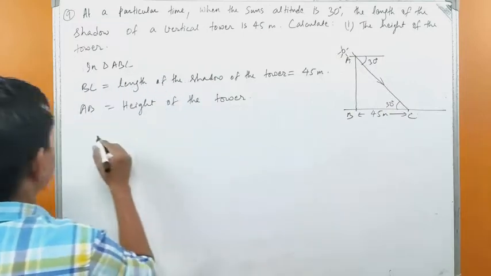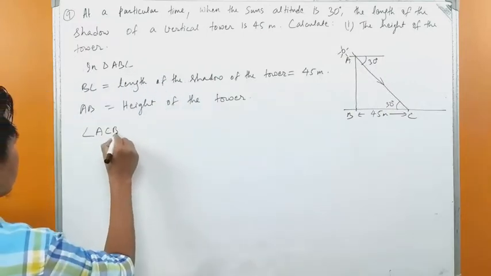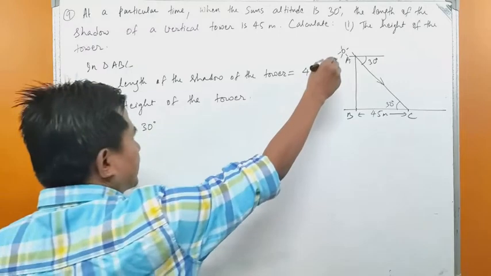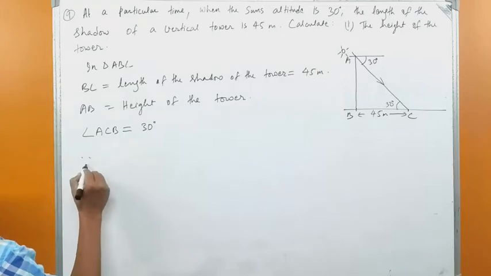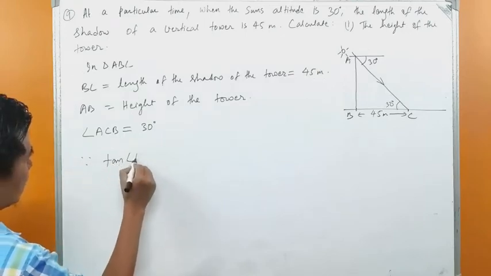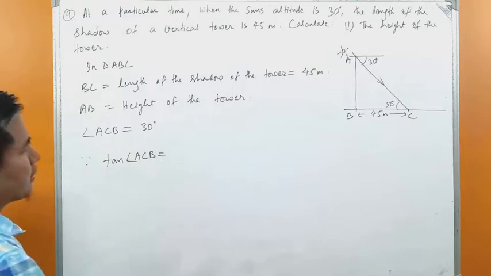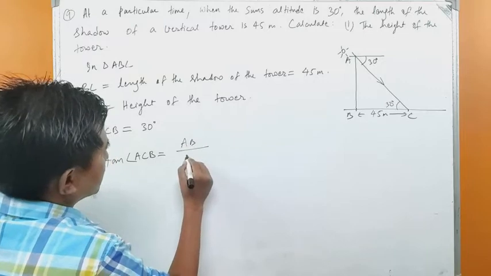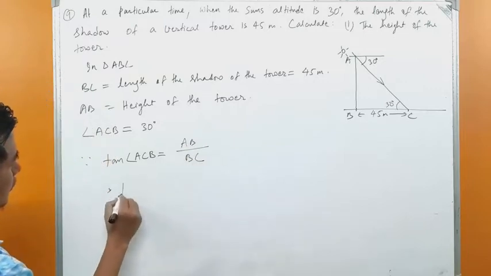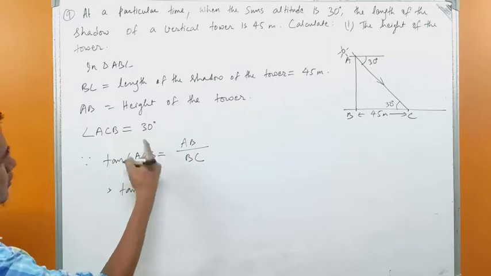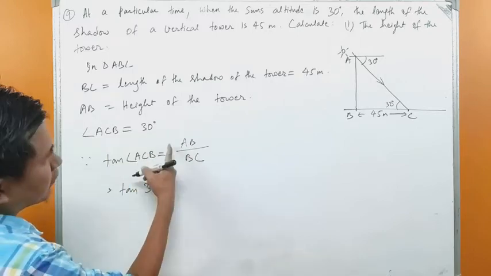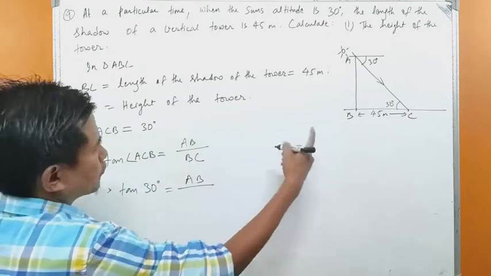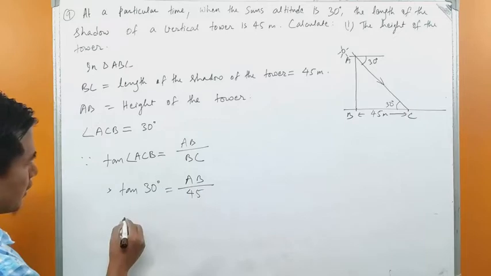Angle ACB is given to us, that is 30 degree. So we are asked to find AB, isn't it? Since tan of angle ACB equals tan theta means perpendicular upon base, and what is perpendicular? AB by base BC. So tan 30 degree equals AB, which we don't know, upon BC, which is 45 meter. Instead of BC I write 45.